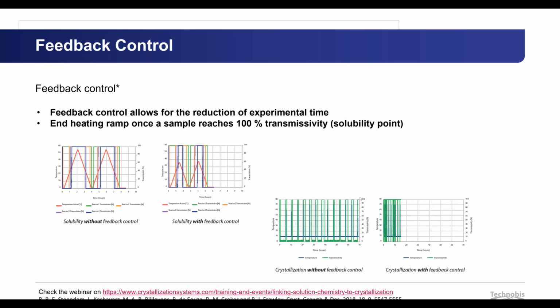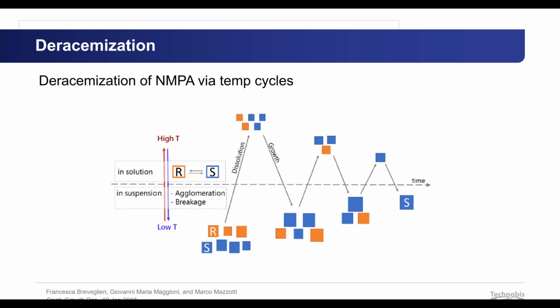So what you say to the software is, when you see 100% transmissivity, you can go to the next step and you can cool. So it doesn't need to go to the maximum temperature that you have set. Sometimes you reach a clear solution before reaching that maximum temperature. So then you optimize, you perform your experiment much faster and smarter, going from one step to another one.